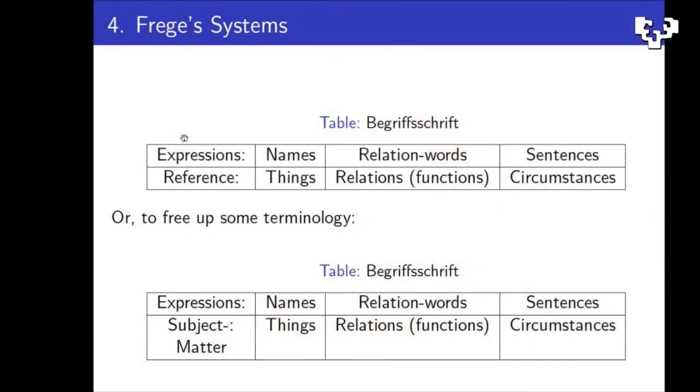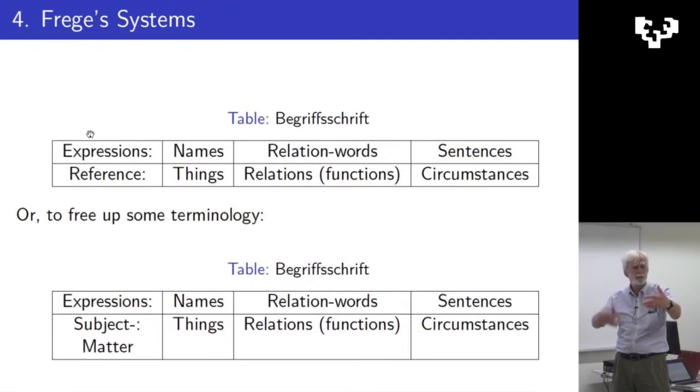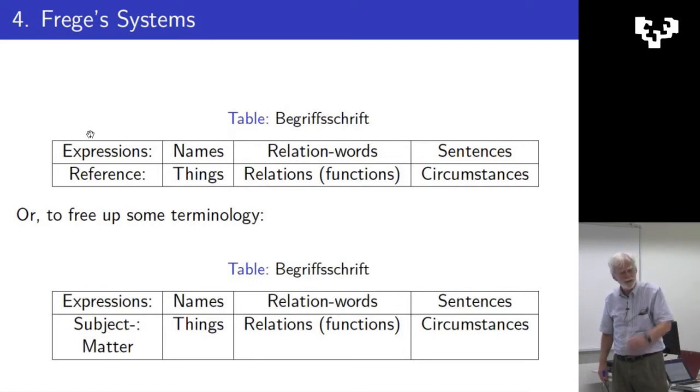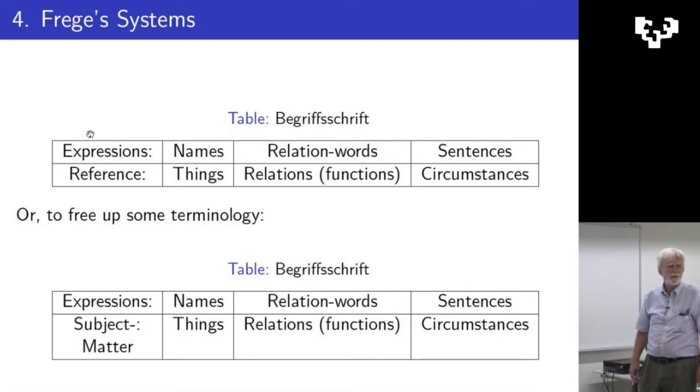Now, a reminder of the Begriffsschrift. He uses reference in the Begriffsschrift for this level: things, relations, and circumstances. And then he uses reference in On Sense and Reference for really the level of extensions: objects, sets, and truth values, although you always have to put an asterisk by extensions because set theory was not officially established, he had his own version, and David knows something about it, so if you don't put the asterisk, he'll make snarky comments.